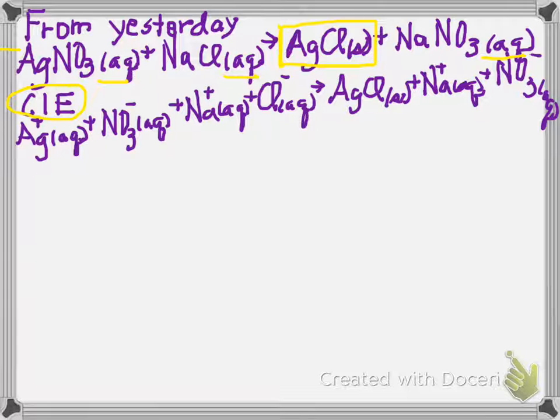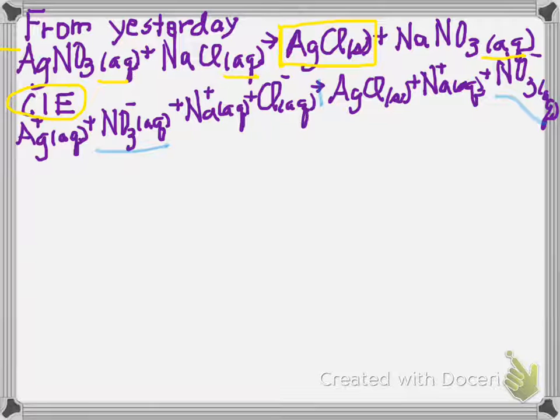Okay, so as a review from yesterday again, the next thing I want to do is identify who the spectator ions are. Remember, these are exactly the same symbol, charge, state of matter on both sides of the arrow. So remember, here's my arrow. So Ag plus aqueous, and over here silver's in a compound, so it's not a spectator ion. Nitrate over here is NO3 negative 1 aqueous, and it's NO3 negative 1 aqueous over here.